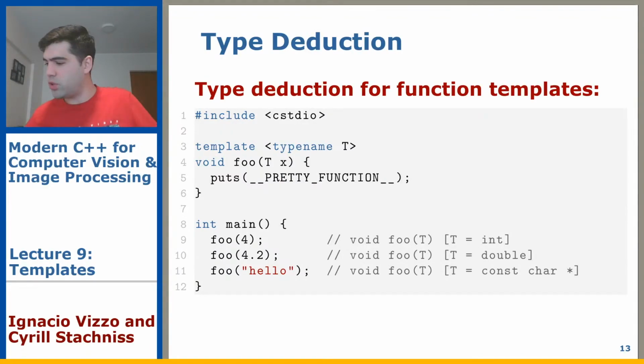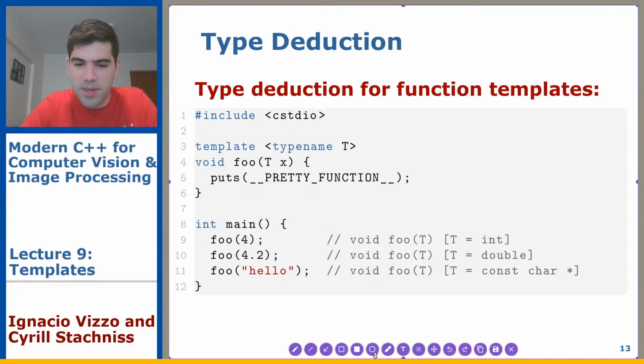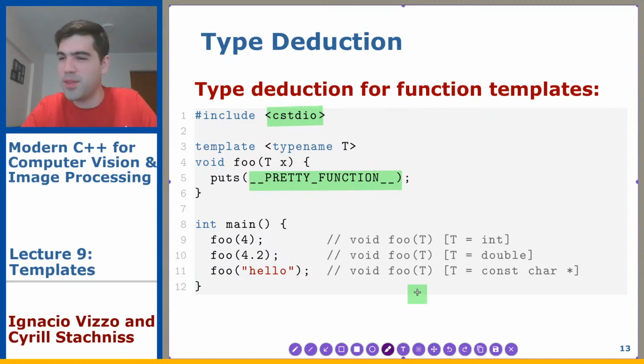So type deduction. This is a really nice example. You can try it at your place. So this is basically to replace compiler explorer. You will create a function called foo, and then this puts pretty function wherever. So this ugly thing, this is a macro, a C macro, that is defined in the C standard library, but it does its job for this example.